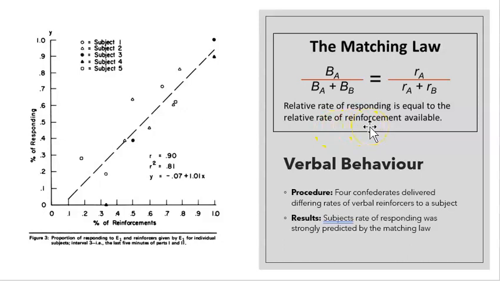So saying please and thank you is a stronger reinforcement than just, say, smiling at someone, right? So I'm more likely to hold the door open for someone if I think they're going to respond with a thank you than just kind of ignoring me, right? So you're more likely to do something nice for someone if they're more likely to do something nice for you. And that's just what the matching law is saying.